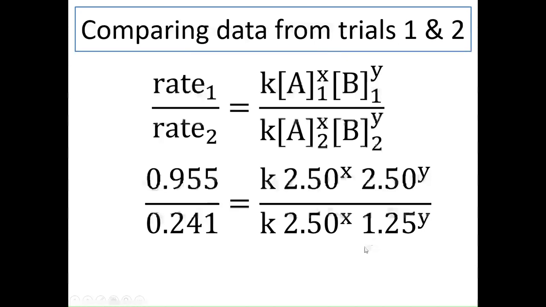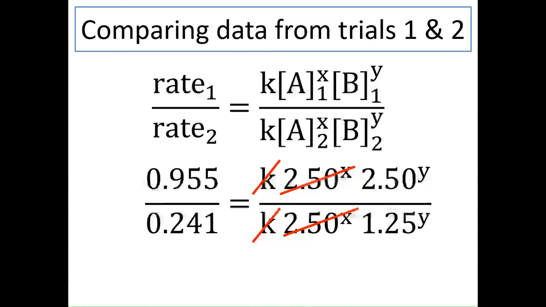Okay, plugging in what we know. Here are the rates from experiments 1 and 2, trials 1 and 2. Here's the concentration of A, trials 1 and 2, B, trials 1 and 2. And notice we've got some unknowns, which is why we're doing this math. But the nice thing about having the concentration of A be the same in trials 1 and 2 is that they cancel out. And also, the rate constant K, as long as we've run these trials at the same temperature, the rate constant K is a constant, and therefore it would cancel.